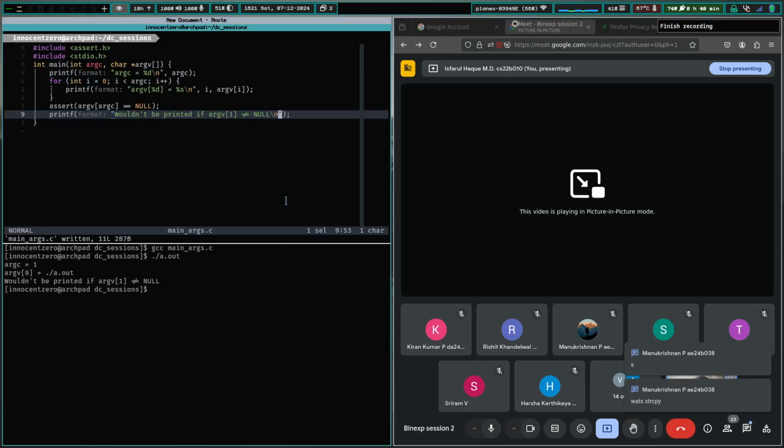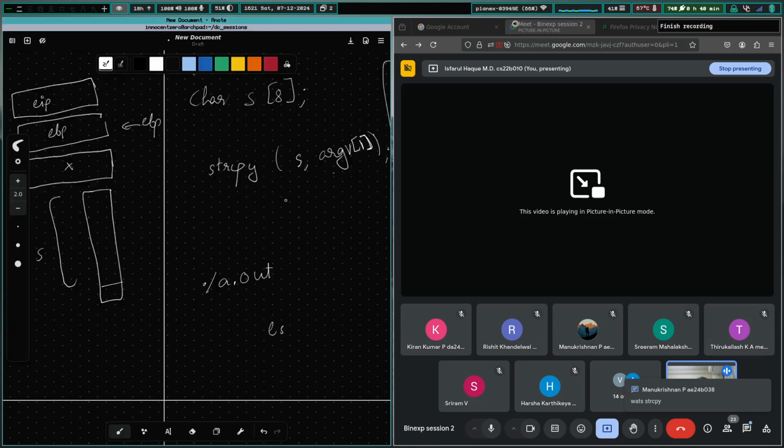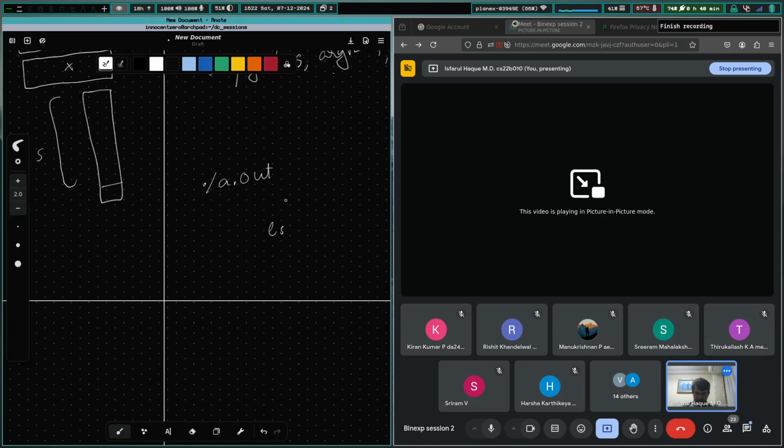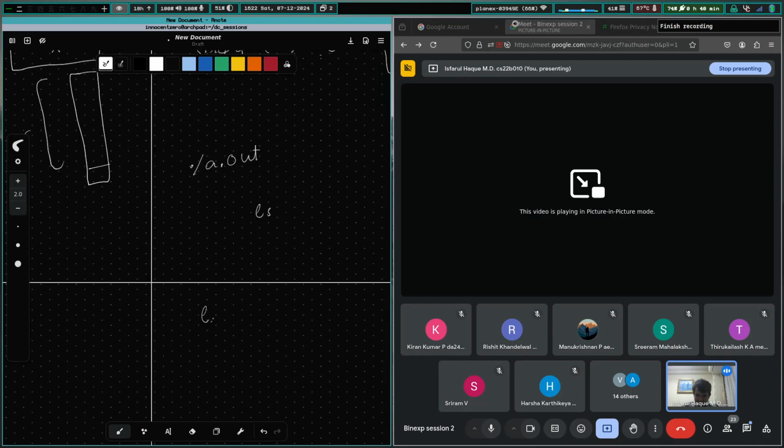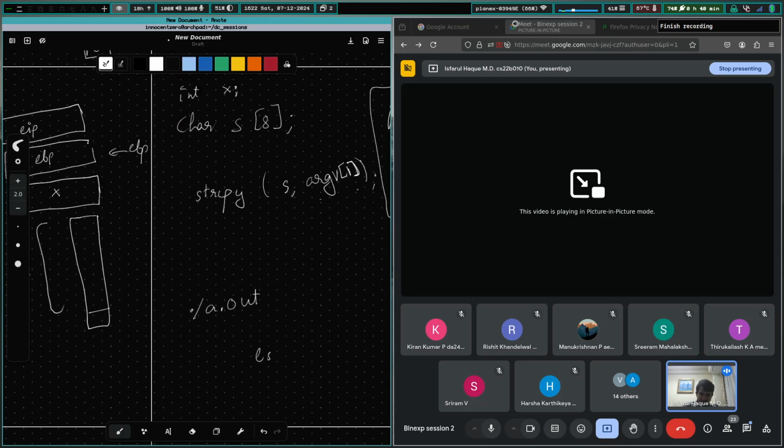Okay, my bad. strcpy is string copy. So what it does is, if you have dot slash a dot out abcd, it will copy abcd from argv1 to s.